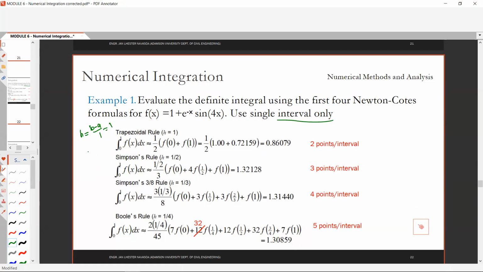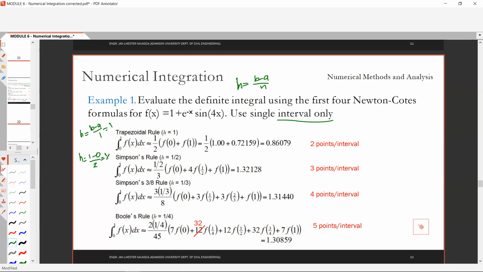For the Simpson's rule, it needs 2 segments. Right? So therefore, it needs 1, 2, 3 points. So our h there is 1 minus 0 all over 2. The equation is h equals b minus a over n.